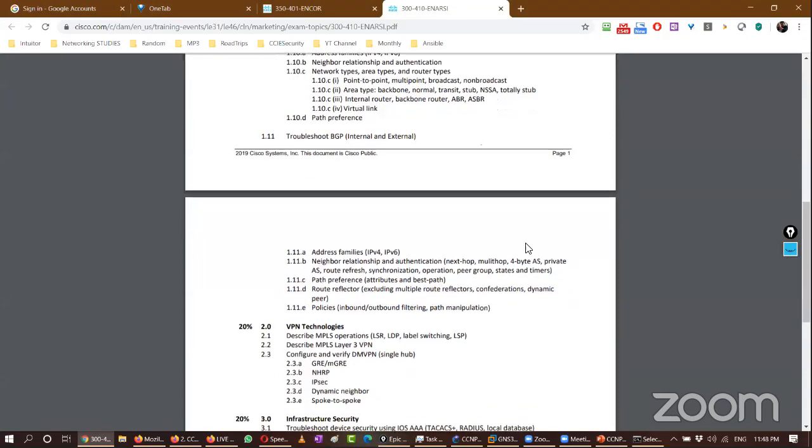If you see here, there is something called 4-byte AS. In short, let me tell you, we had 16-bit AS only, which supported from 0 to 65535. But as you know, there are lakhs of internet prefixes increasing and a lot of companies coming up, so this is a very small number, right?